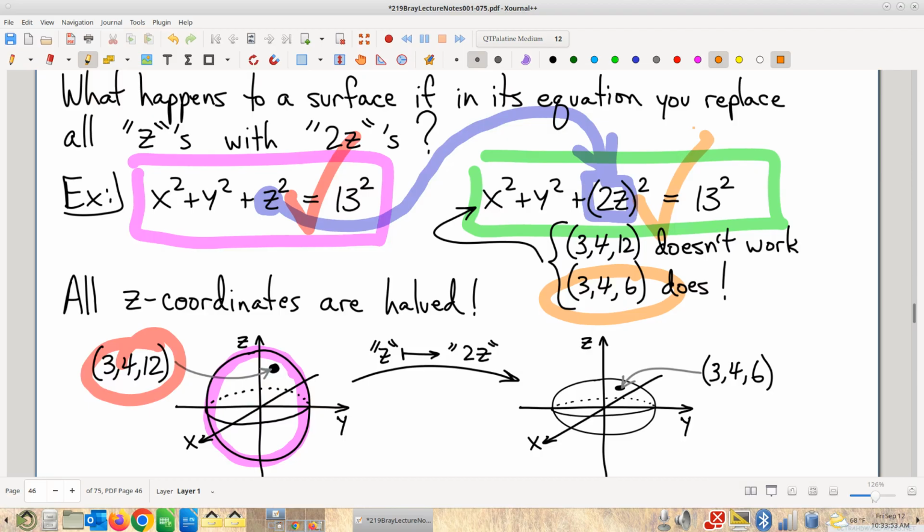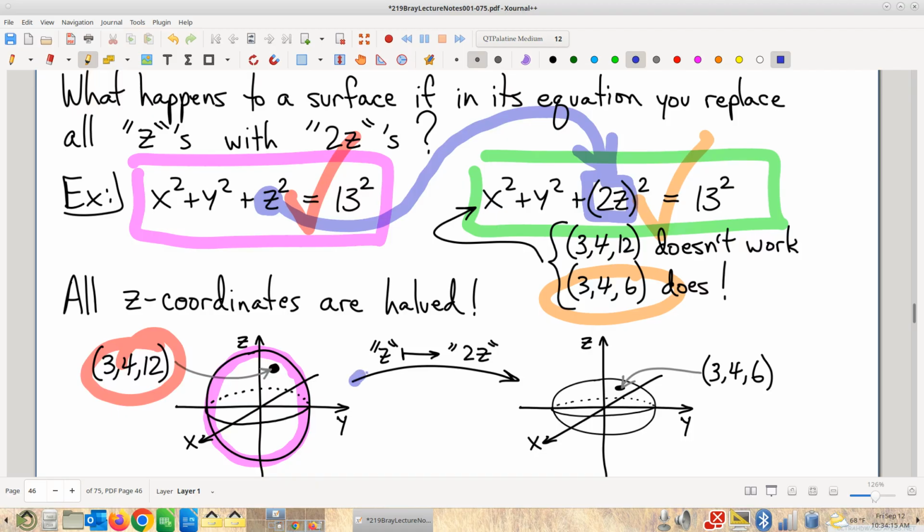So the punchline is the solutions here and the solutions here, there's kind of a one-to-one correspondence. You give me a point like this, I'm going to come back with a point like this. And notice that all that has happened is that the z-coordinate has been divided by 2, and I claim then that means that the surface has been squished in the z direction. So that is the effect.